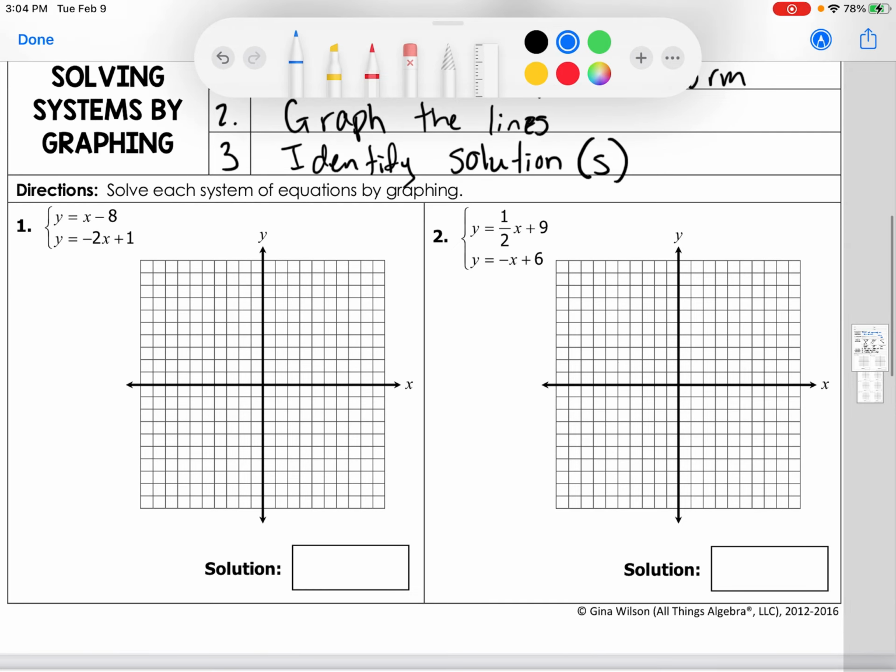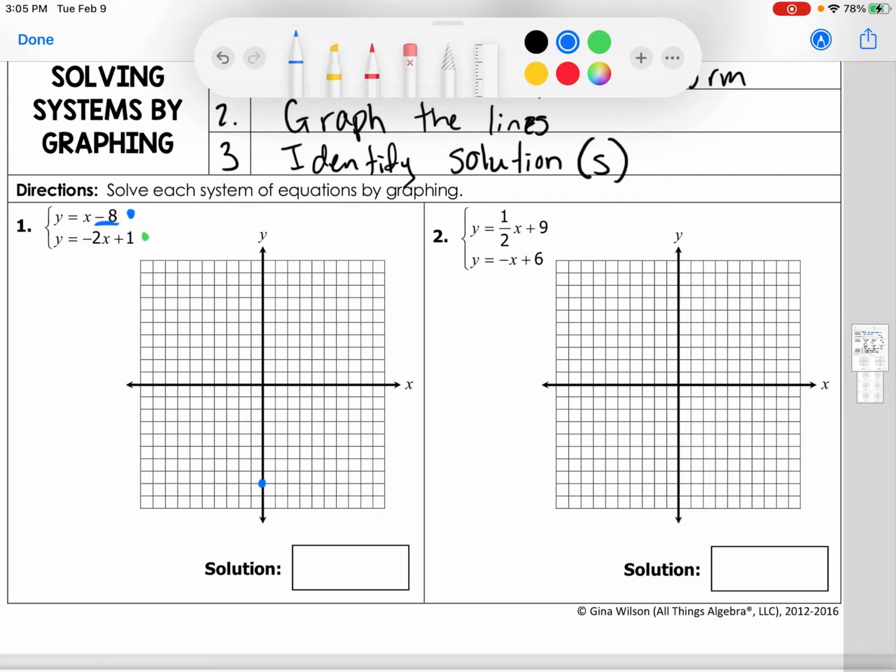Now, we're going to move into our first example. So we're going to go ahead and graph this. I'm just going to label each of these lines with the color I'm going to use. So for this first one, y = x - 8, I'm going to use blue. And to graph these, we first graph our y-intercept, which is the point at which it crosses the y-axis. So negative 8 on the y-axis would be right here.